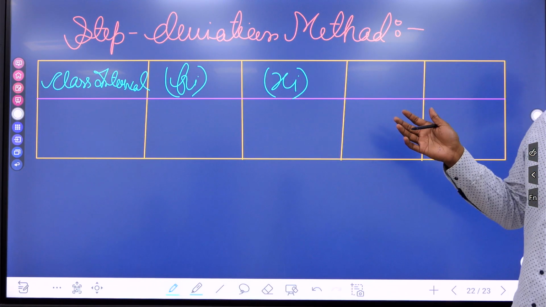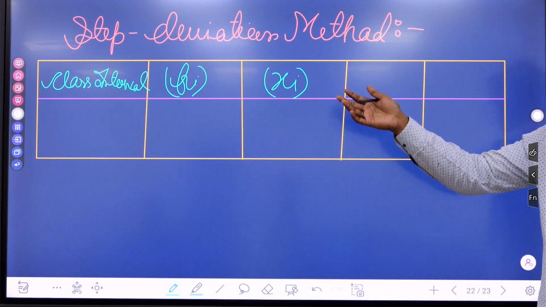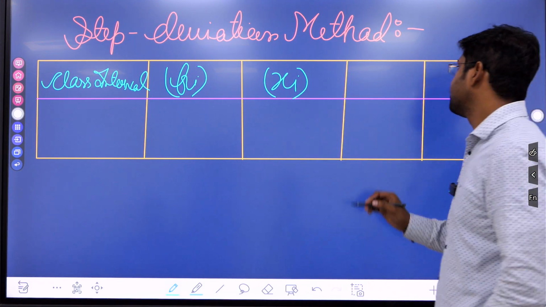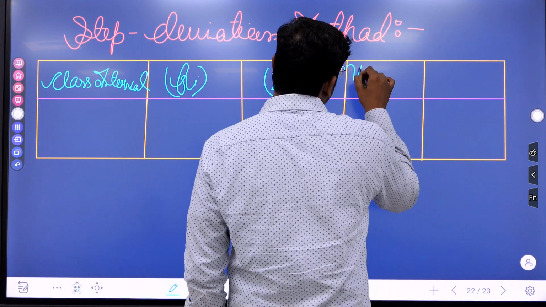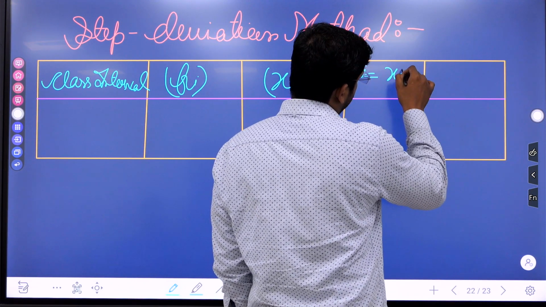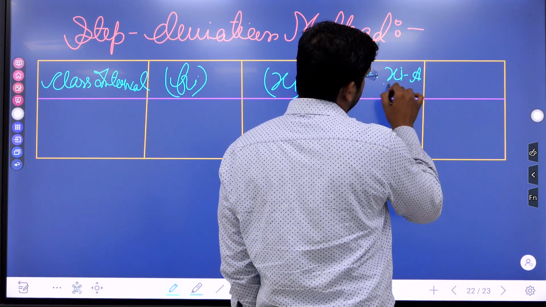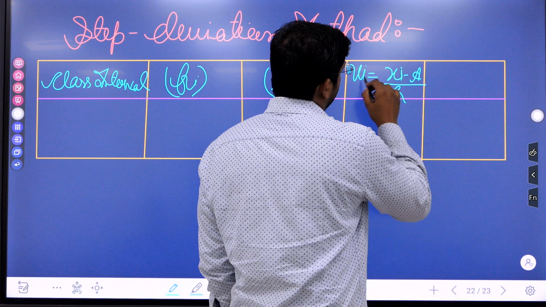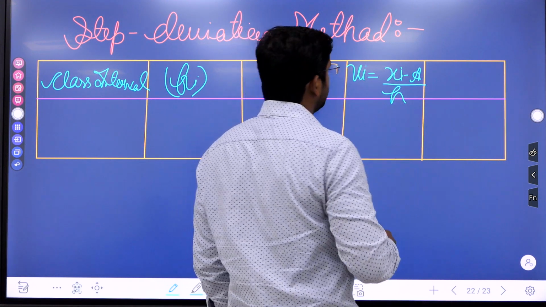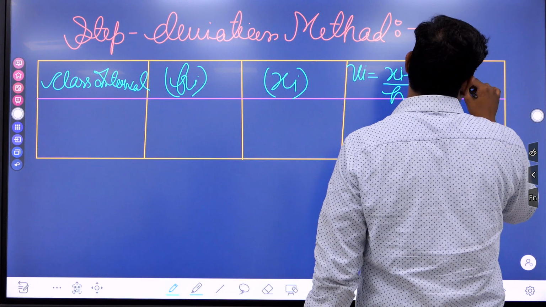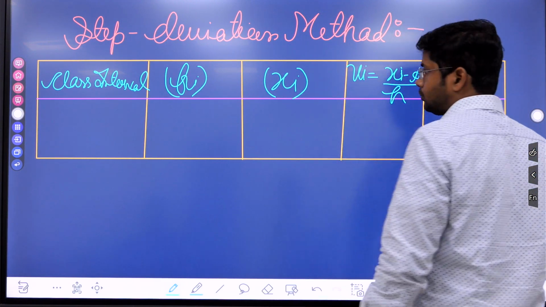So class interval, fi, then xi, and after that comes ui. ui equal to xi minus a by h, and after that you multiply fi and ui.